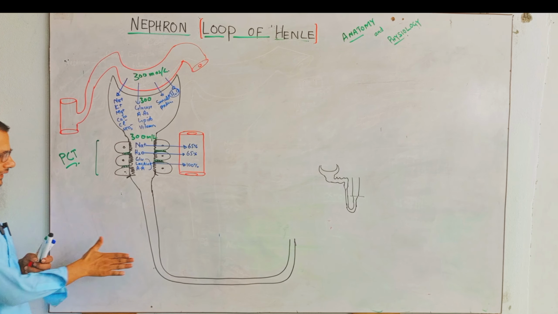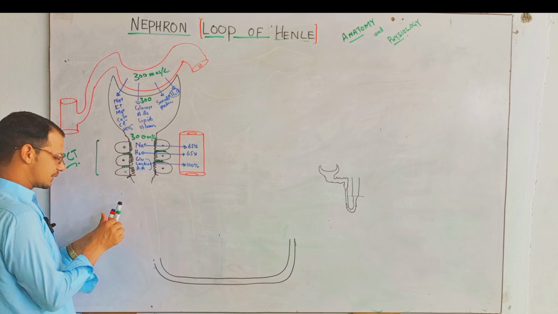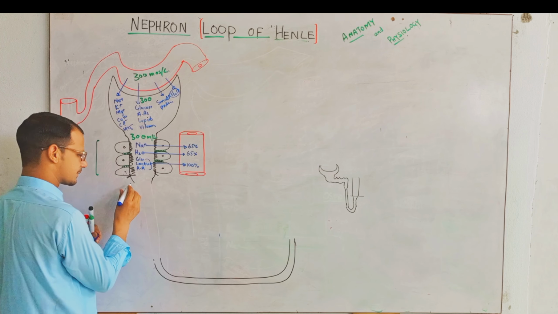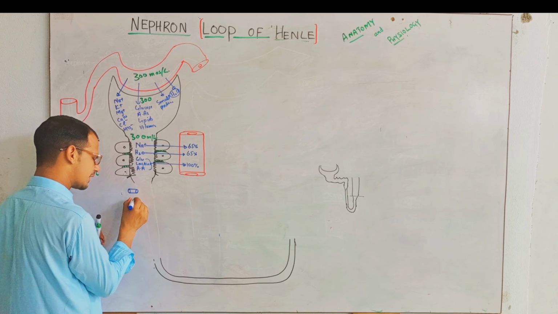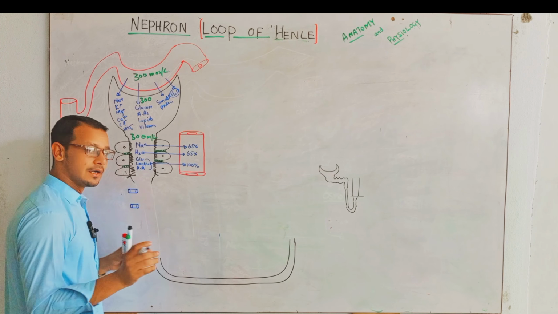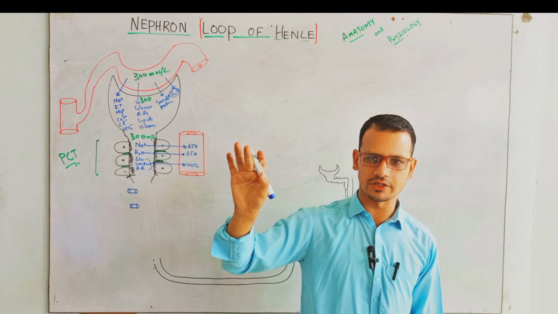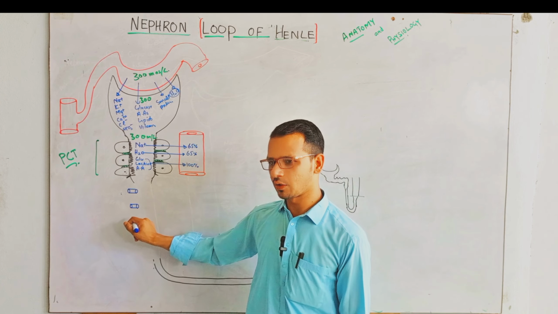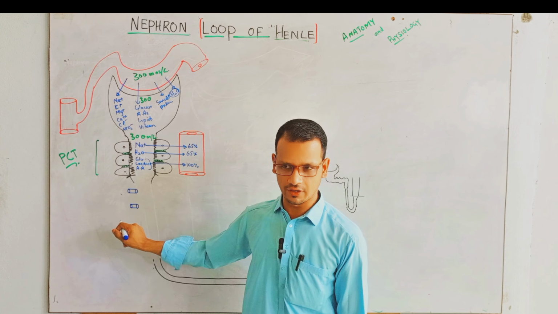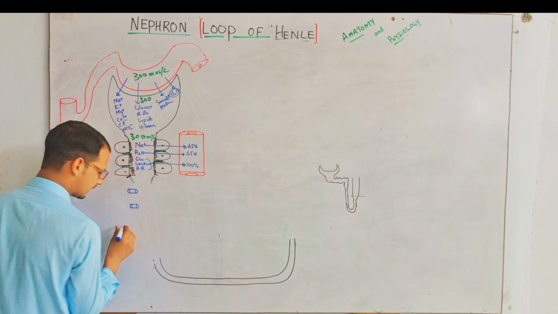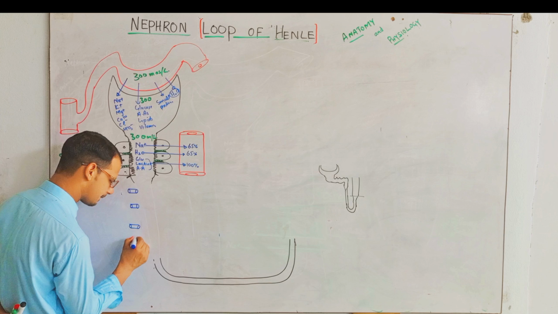In this part of the loop of Henle, we have very special transporters, and they are always open. It means in any physiological condition, they will remain open for water.